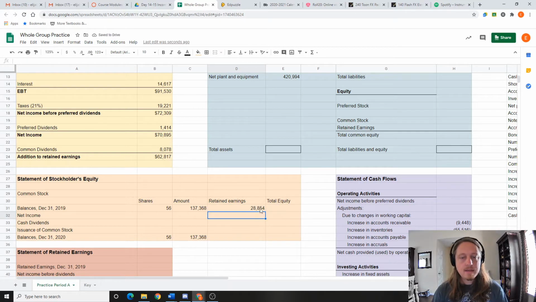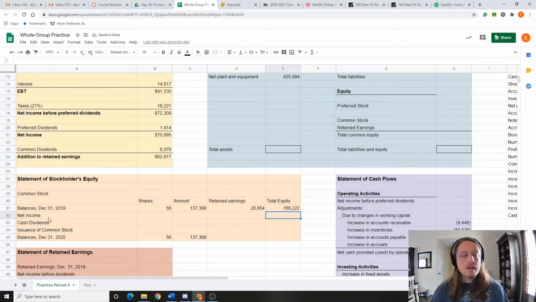Okay, 28,854. So then, how much money total did we have between common stock and retained earnings? In other words, how much equity did we have? So we're going to press equal. This plus this is my total equity.